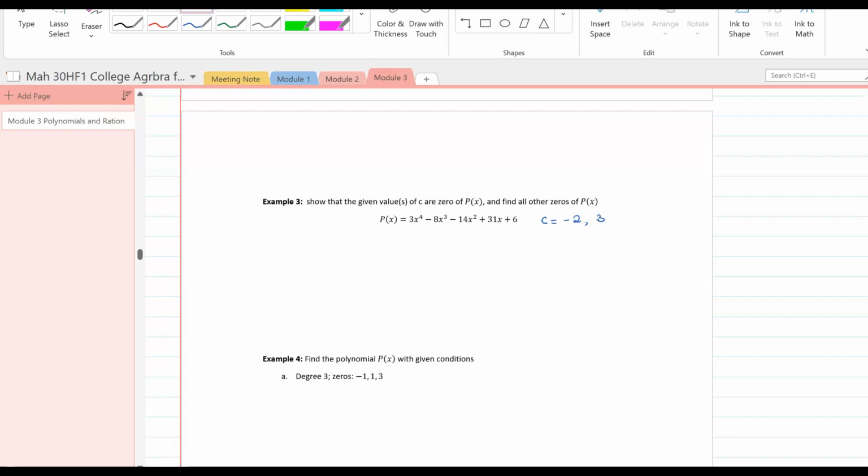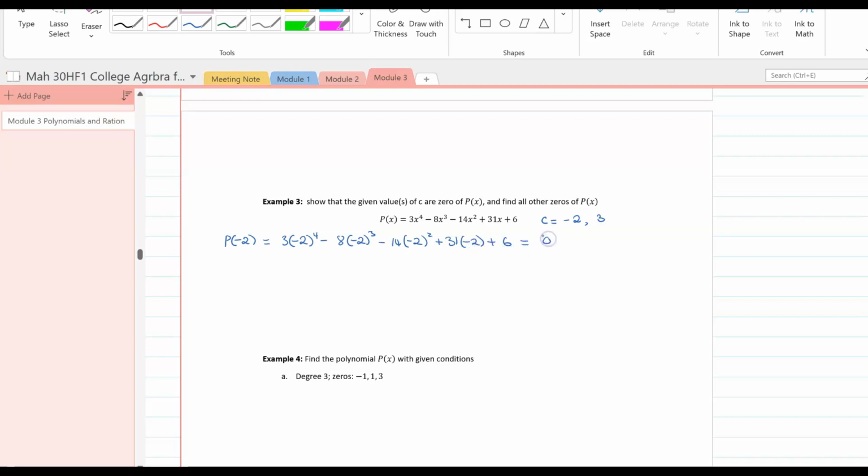So first of all, we will check p of -2. And when we plug it into this p of x, we better get 0. It's equal to 3 times -2 to the 4th minus 8 times -2 to the 3rd minus 14 times -2 squared plus 31 times -2 plus 6.